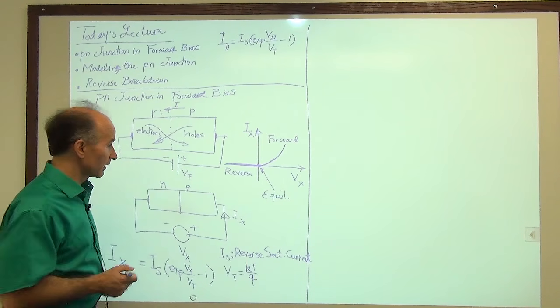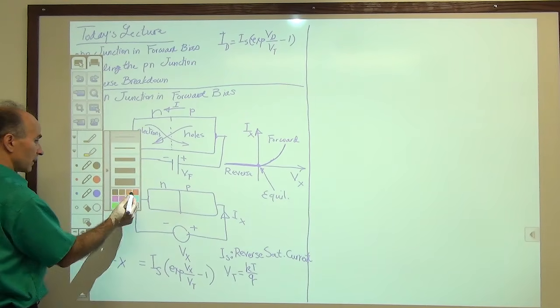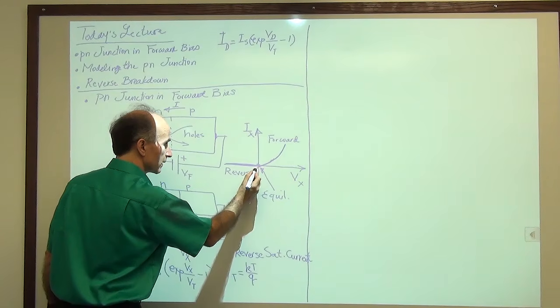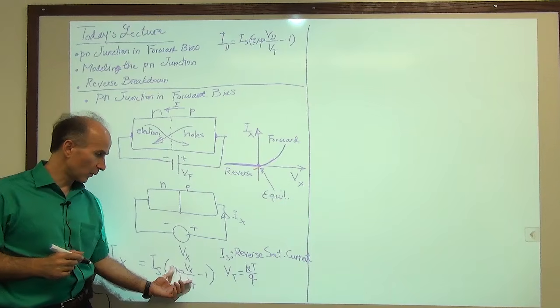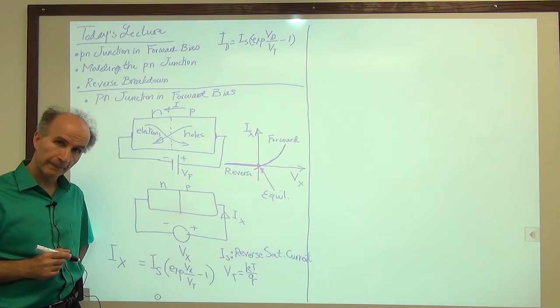So that's interesting. This says that if you want to believe that equation, this is what we get. Right here, it becomes negative because this term is less than 1 when Vx is negative. Vt is positive, kT over q.